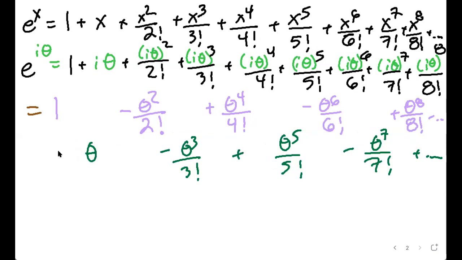So this is going to be i times theta minus theta cubed over 3 factorial plus theta fifth over 5 factorial, minus theta to the 7th over 7 factorial. Okay, I'm going to pause here for 15 seconds for you to look at this and see if you notice anything.